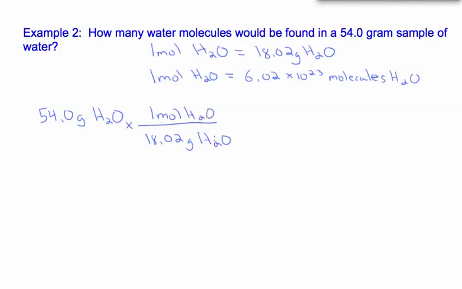Our grams cancel out. And we do 54 divided by 18.02. And that gives us 2.99667. You don't have to write it all out, but I would like you to keep all of it in your calculator. It'll make your final answer more exact.